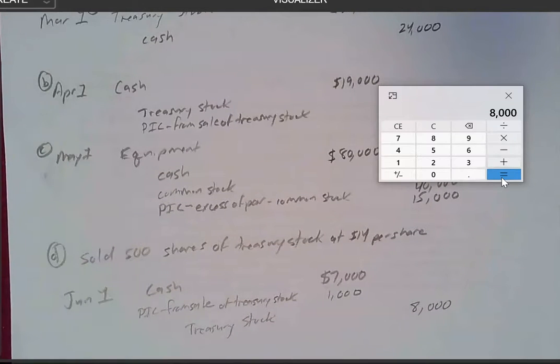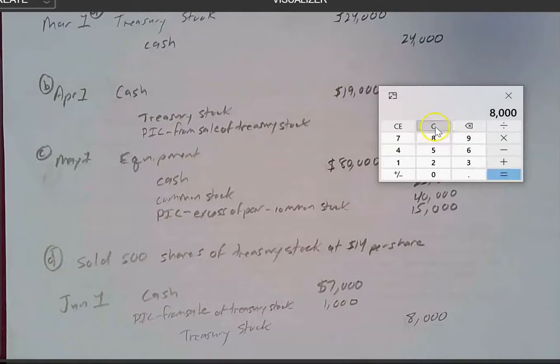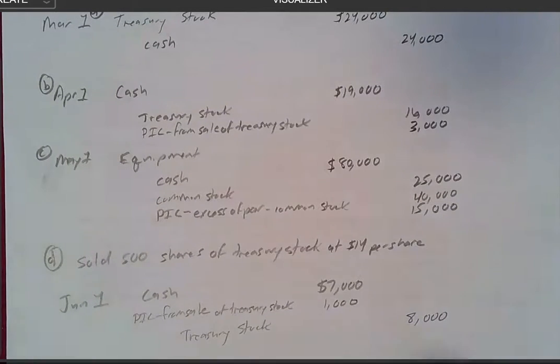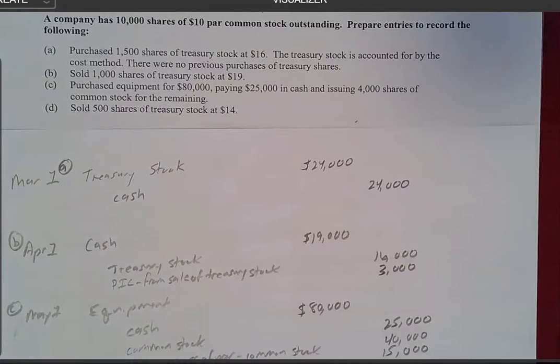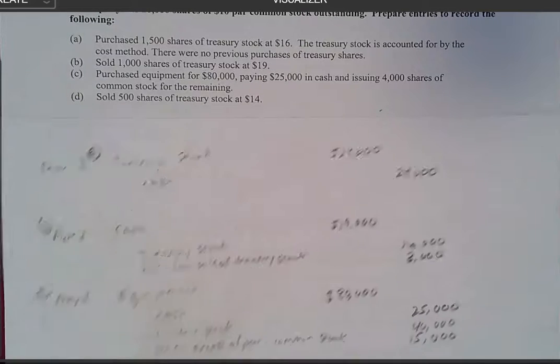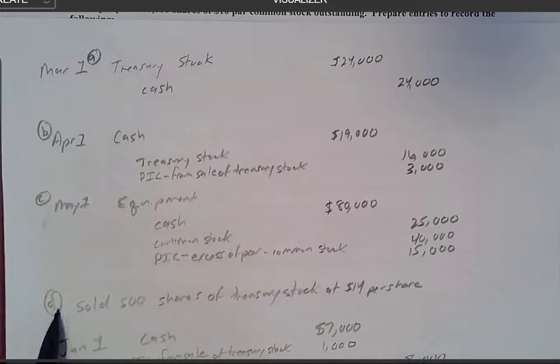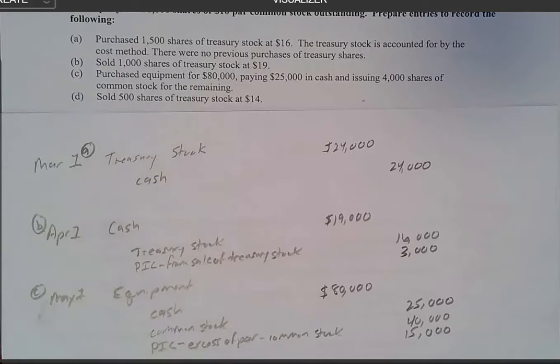And that's $1,000. And if we, let me get rid of this calculator. If we go back here, we see that we have done A, B, C, and D. And those were the 4 requirements in the question, so we are finished.